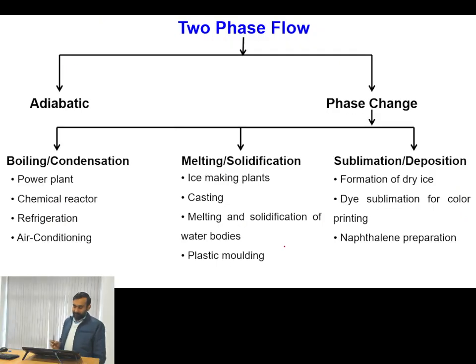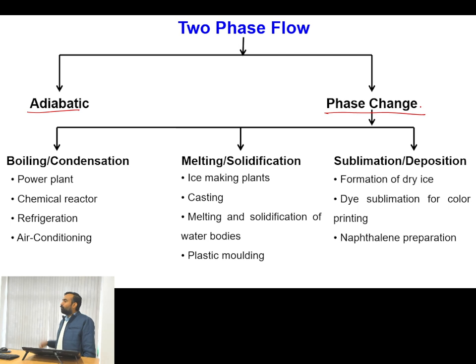So here, depending upon the phase association, we have given the classification. Other than that, we can have two scenarios. Whenever these two phases come into existence, they can be in adiabatic condition.